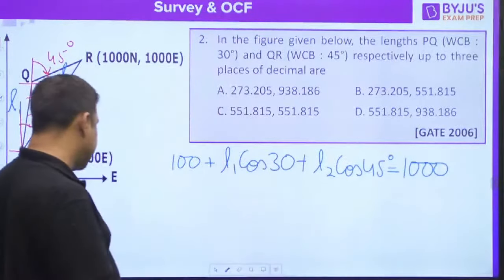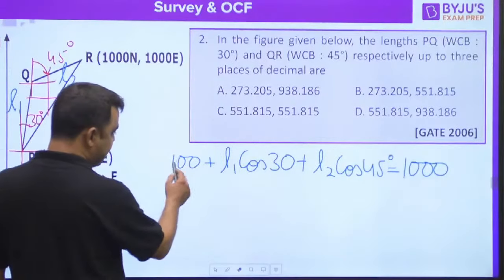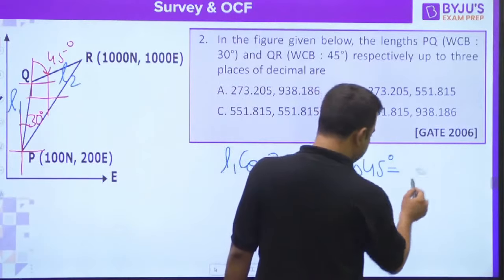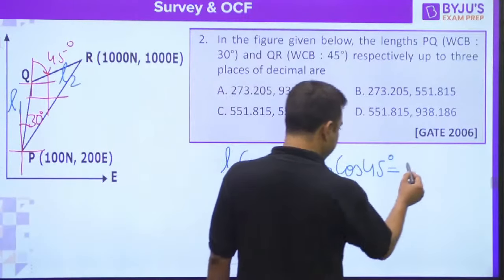So can I write it like this? This 100 shall be taken over here and I should write 900 on this side.